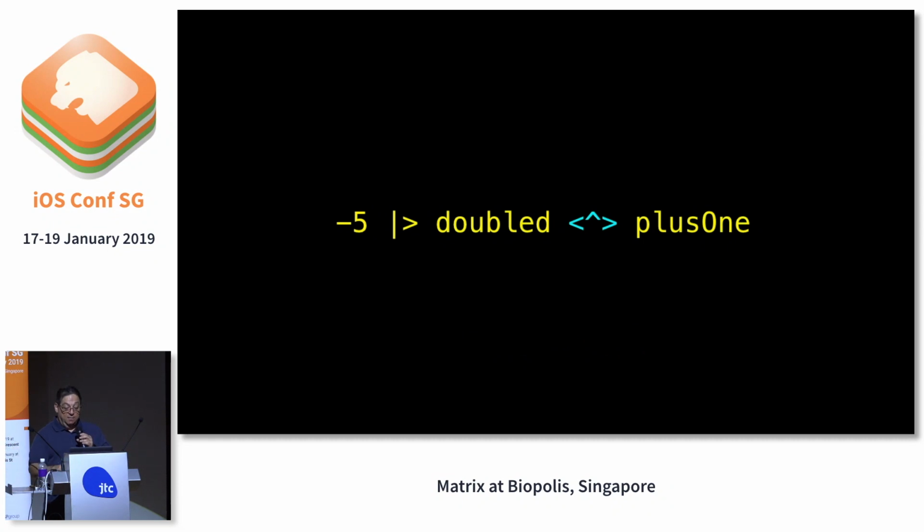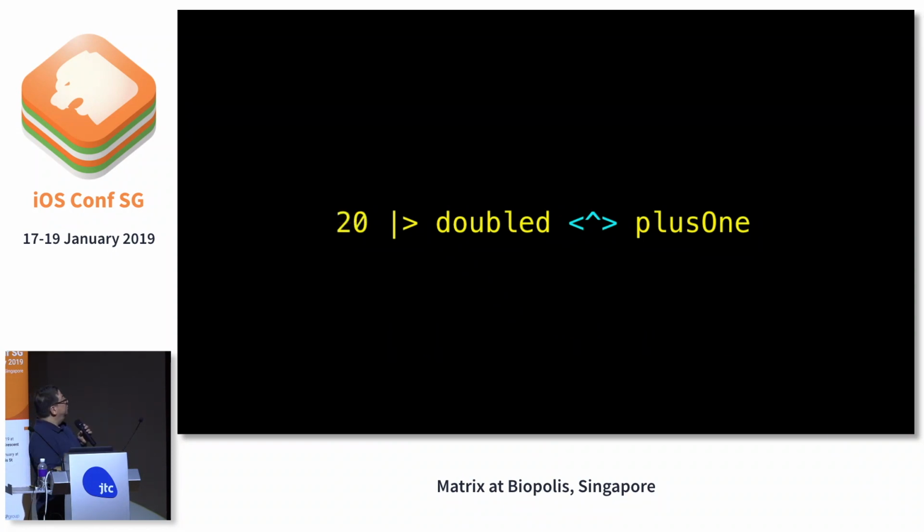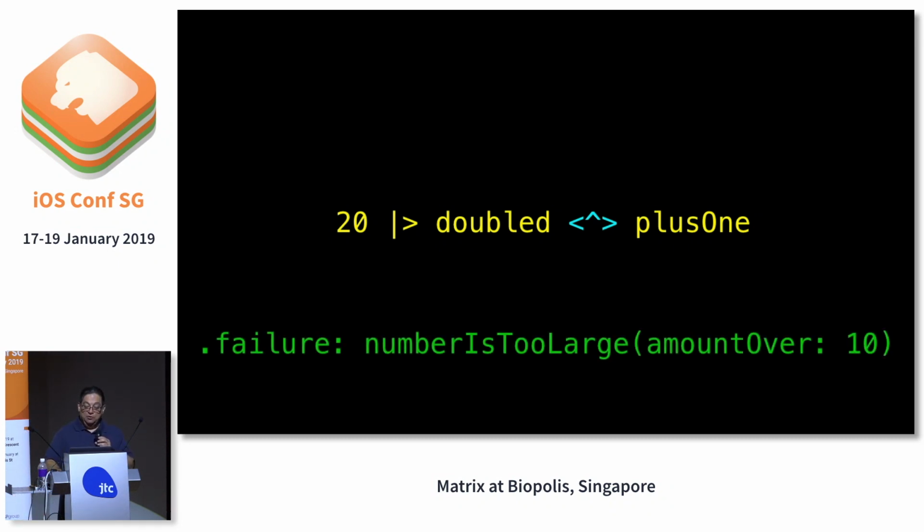It's a negative number, so when I map that into +1, it is still a failure, but it's a result type failure. Nothing's crashed, nothing to try catch. I can pipe as many of these as you like. And so take a 20, that's too large, pipe that into +1, it's still too large.